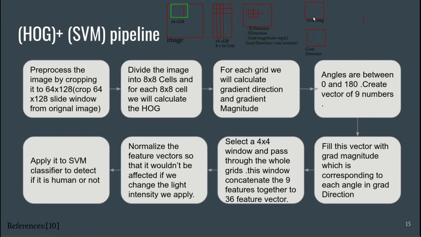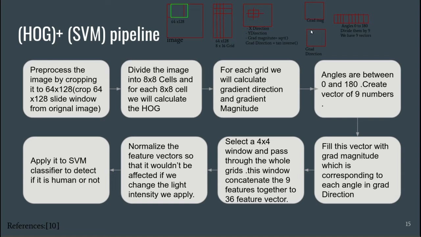So now I have a gradient magnitude matrix and a gradient direction matrix. Each gradient magnitude value depends on its gradient direction, and this is what we will apply here. Our angles are from 0 to 180. If we divide it into 9 bins, we will have 0 to 20, 20 to 40, and so on until the last one, 160 to 180.